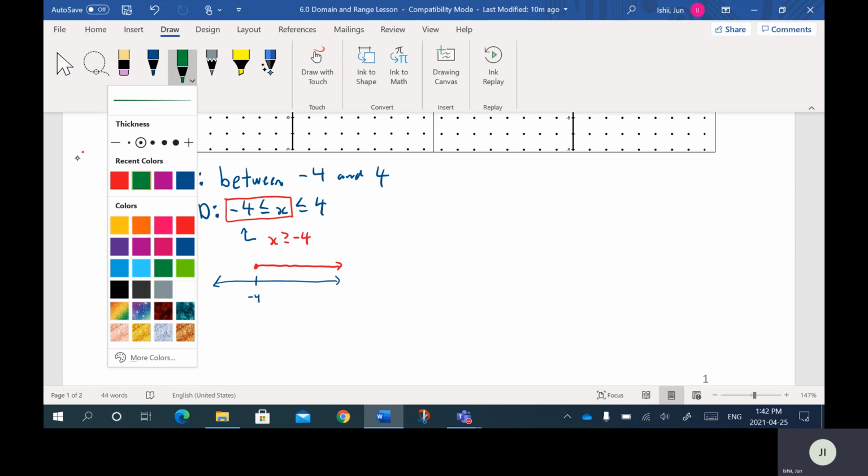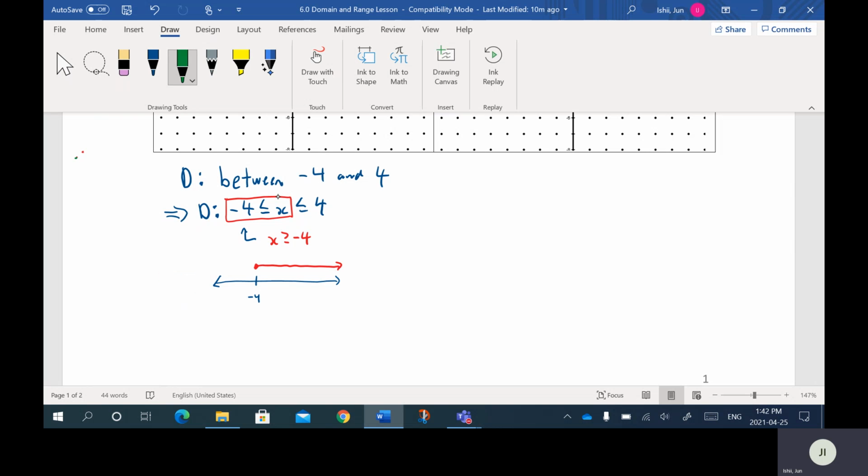Now, looking at the other part of this, which I'm going to circle in green, x is less than or equal to +4. Just ignore the other part for now. The way that I would draw it on a number line is that the 4 would be here, then x less than or equal to 4 would go in this direction.